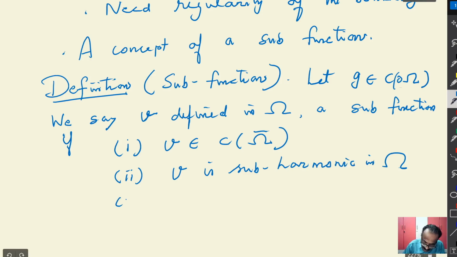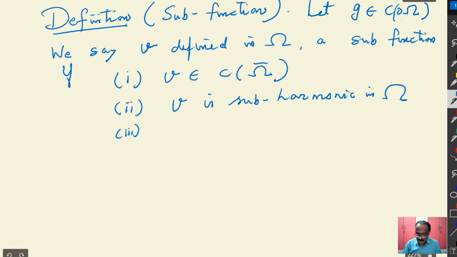And the third property is the additional property. Otherwise it's a standard subharmonic function, since subharmonic we define for continuous functions. The first two properties are basically the subharmonic function. The third one is V less than or equal to g on the boundary of omega. So the extra thing we have defined is that a subfunction is a continuous subharmonic function whose boundary values are bounded by g.